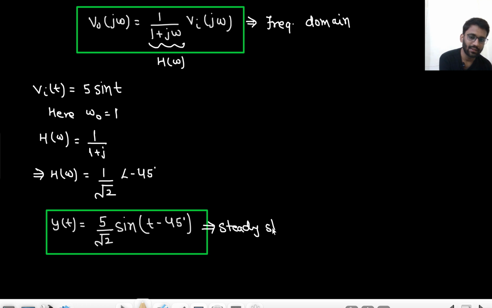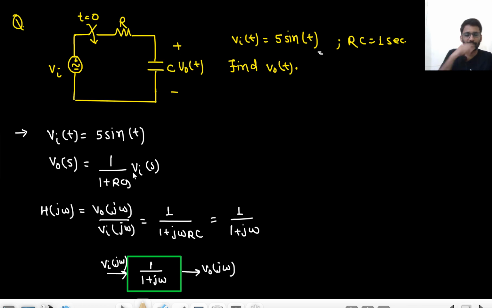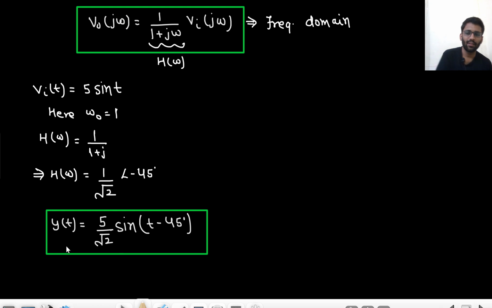I am saying this is my y(t). Now at t equals 0, what do I expect? At t equals 0, you want your v naught of 0 plus to be 0 volts, right? At t equals 0 the capacitor initially has 0 voltage, so you expect your output to be 0 volts. At t equals 0, instead of y(t), I should write v naught t.